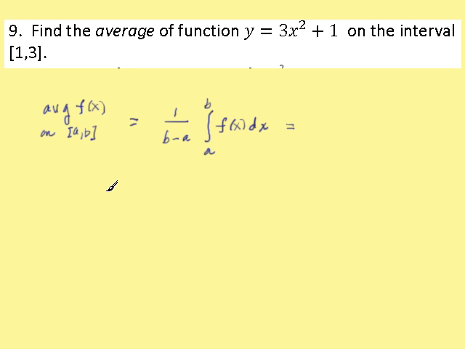So let's do this little calculation. Here we have 1 over 3 minus 1, and we're integrating from 1 to 3, 3x squared plus 1 dx. So we have a 1/2 on the outside. And here we have 3x cubed over 3 plus x.